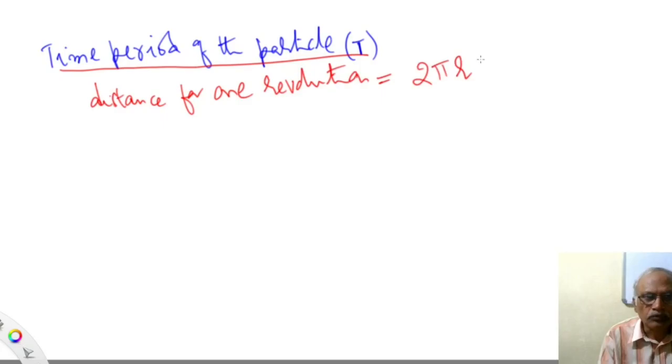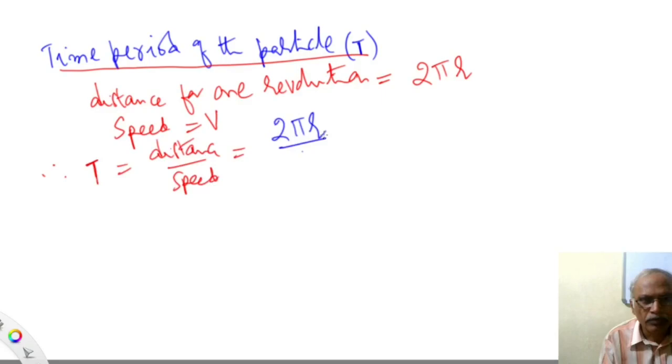With what speed is the particle moving? Speed is v. Therefore, time taken is equal to distance by speed. Distance is 2 pi r, speed is v, so time is 2 pi r by v.